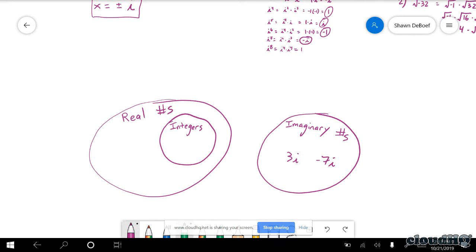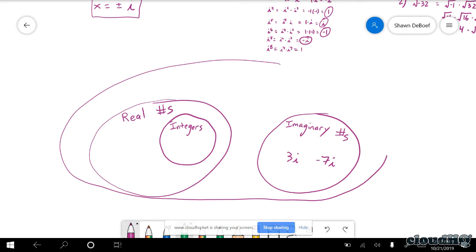Now, what happens when I have a number that takes a real number and an imaginary number and puts them together? That's what a complex number is. That's what this unit is actually introducing. So what does that look like? Something like 4 plus 2i. Notice the first part, 4, that's a real number.